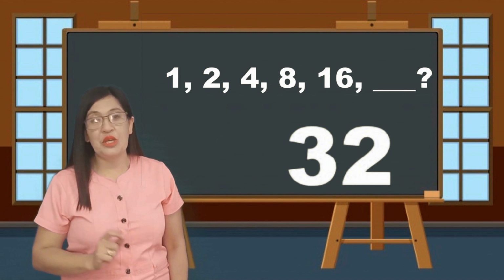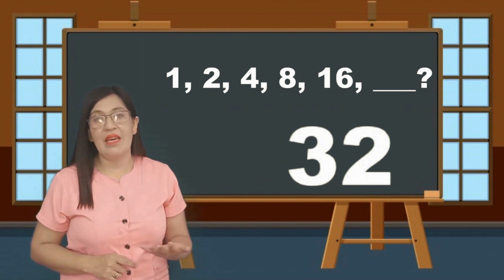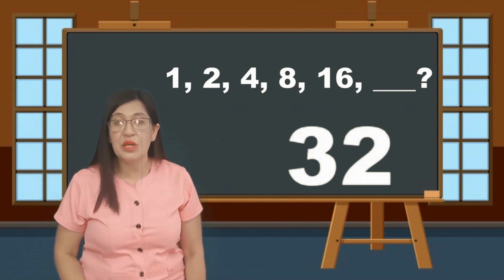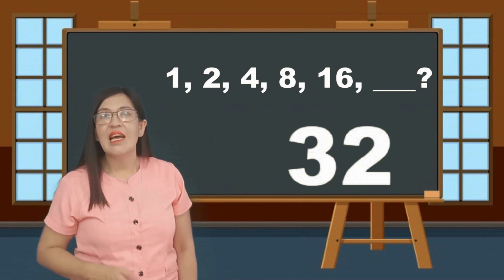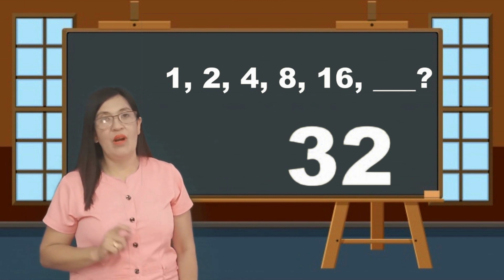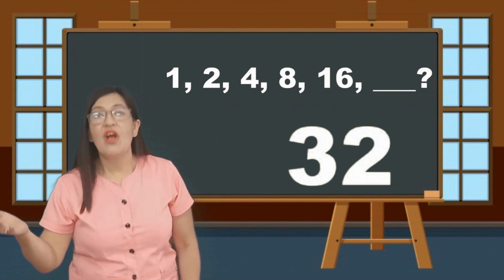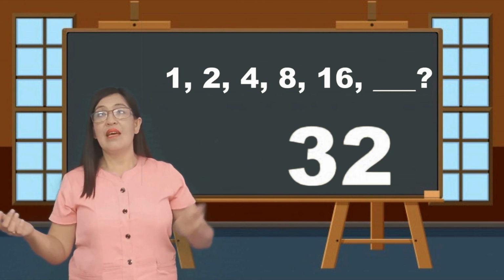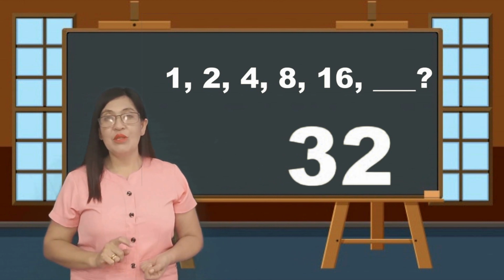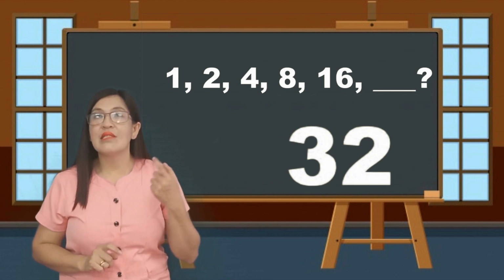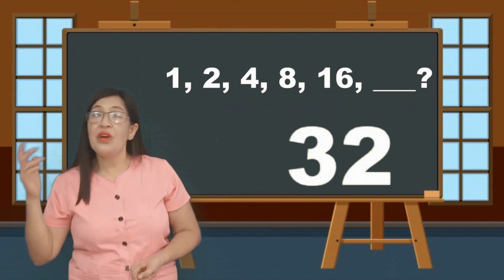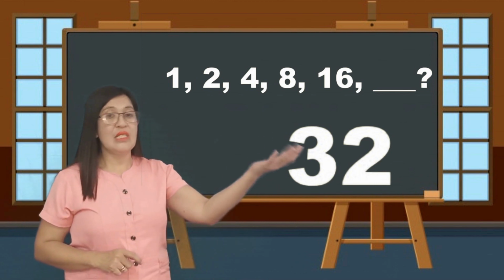Because each term is obtained by multiplying 2 to its preceding term. That is, 1 times 2 equals 2. 2 times 2 equals 4. 4 times 2 equals 8. 8 times 2 equals 16. And 16 times 2 equals 32. So the answer is 32.